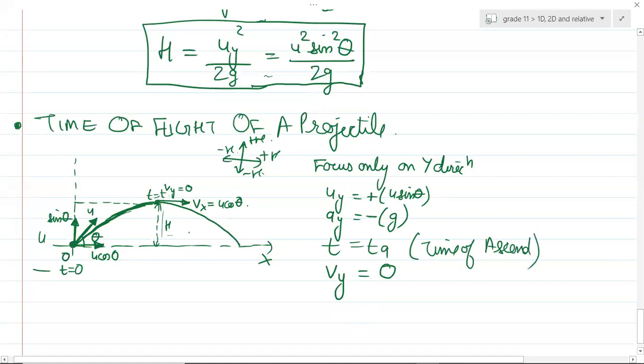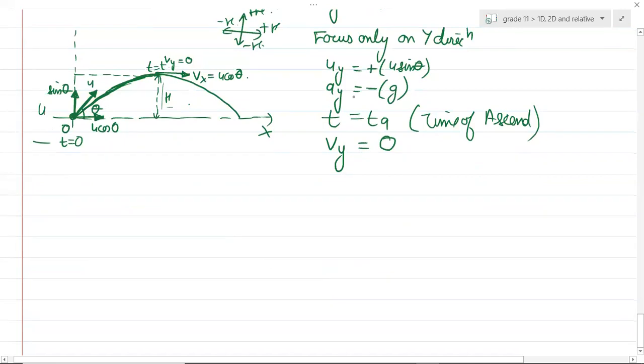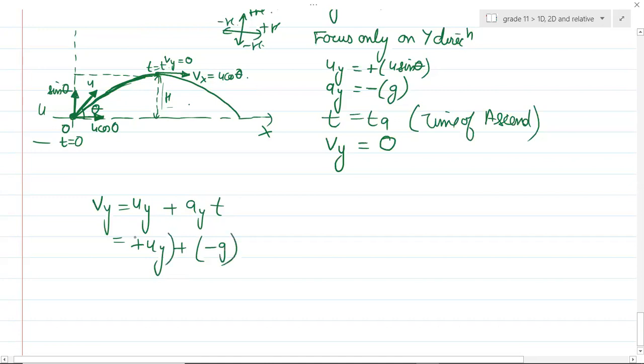If this is the time of ascent, then can you see over here, VUAT, can you solve it? So Vy will be equals to Uy plus Ay into T. That will be equals to plus U sine theta, plus Uy plus Ay, which will be equals to minus g into T, and this will be equals to 0.